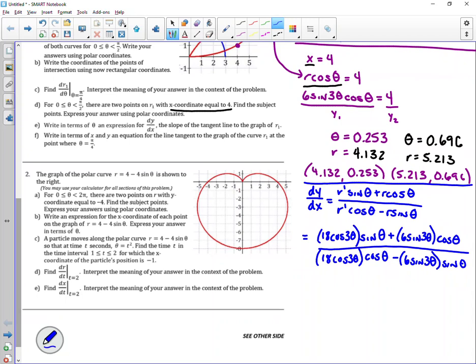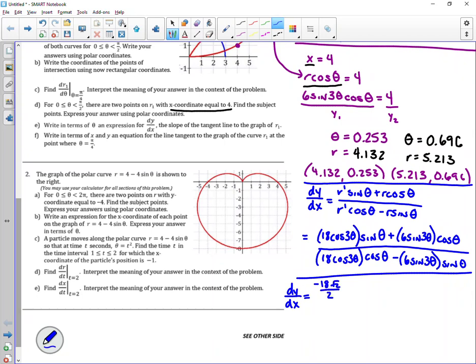Okay. Now we need a tangent line at pi over 4. So now that's done, we plug in pi over 4. Our dy dx is going to equal 18 cosine 3 pi over 4, which is negative 18 root 2 over 2.